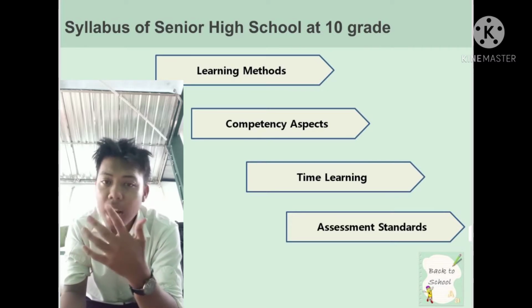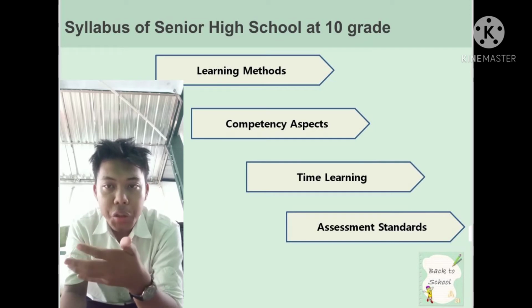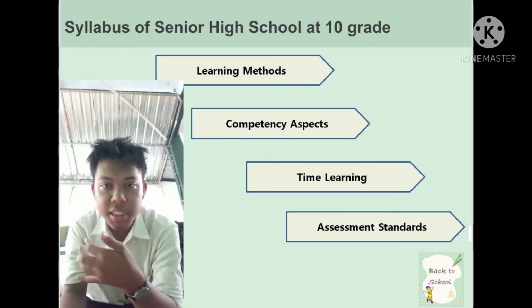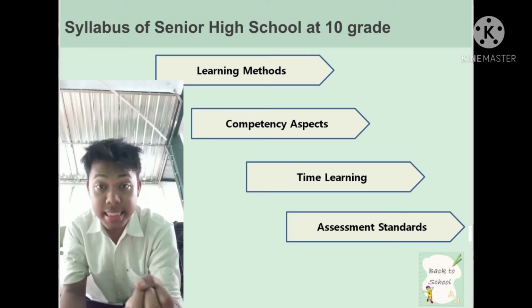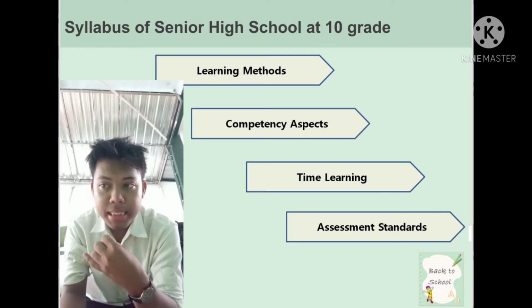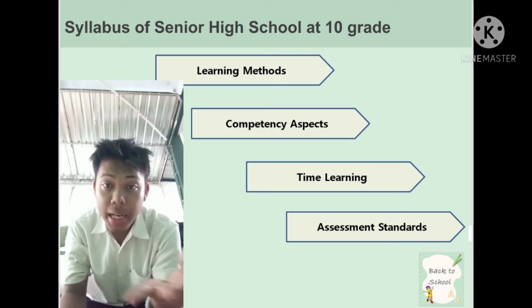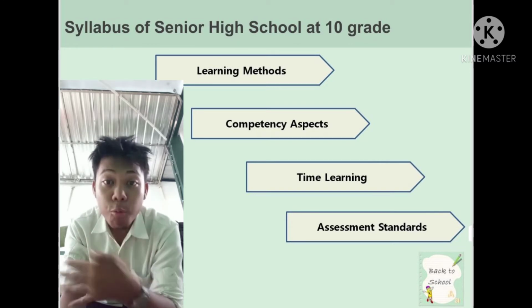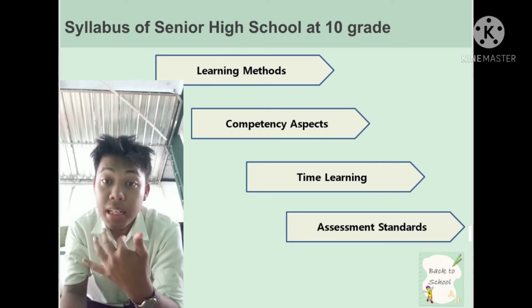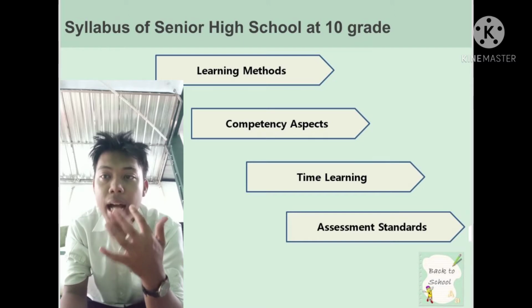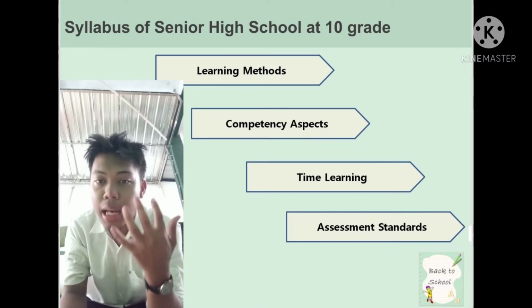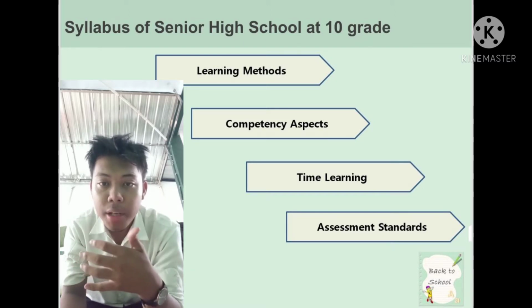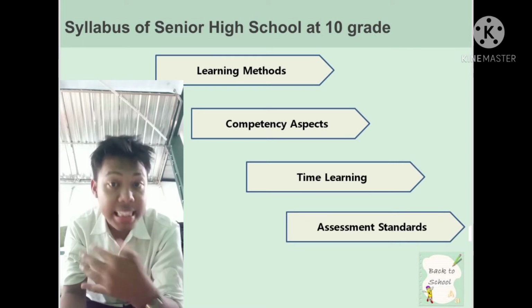There are a lot of methods that can be used by the teachers when they want to teach their students in the classroom, for example like LCD, gadget, laptop, etc. That's what we call a learning method, tools that can help the teacher when they want to teach their students in the classroom.